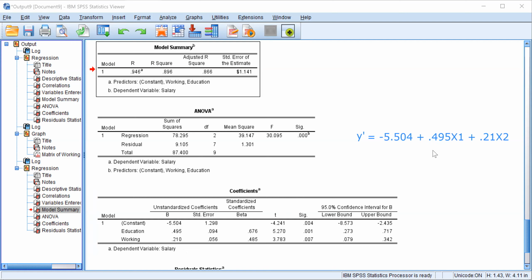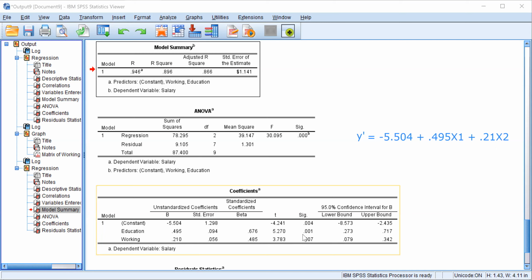It means that for people who have the same years of experience, one additional year of education will increase the salary on average by $495. If we look at the regression slope for working experience, it tells us that if we hold education constant, one additional year of working experience will increase the salary on average by $210. That's how we interpret the slopes.